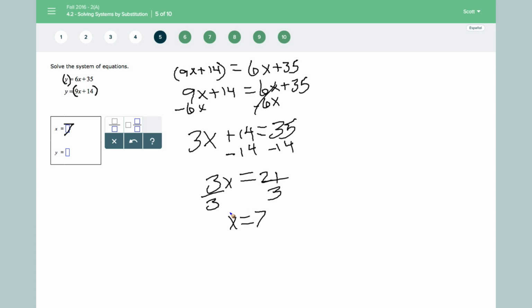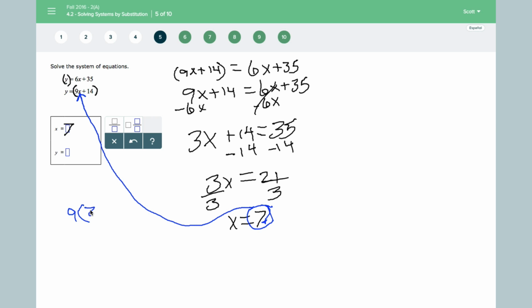And I'm not done yet. I've got to take this 7 and plug it in wherever I see x. And I'm just going to choose that one because it's easiest to draw the arrow to. It can be either one, it doesn't matter. So I have 9 parentheses x. What's x?